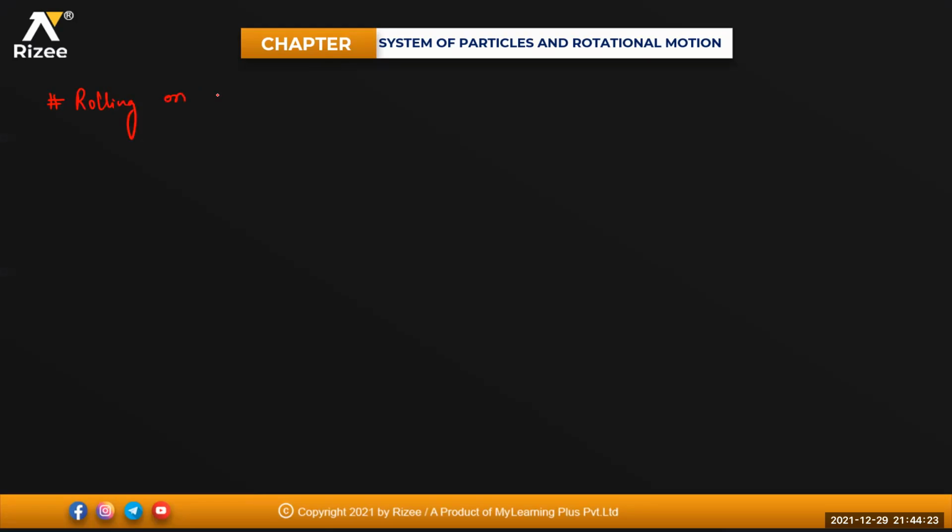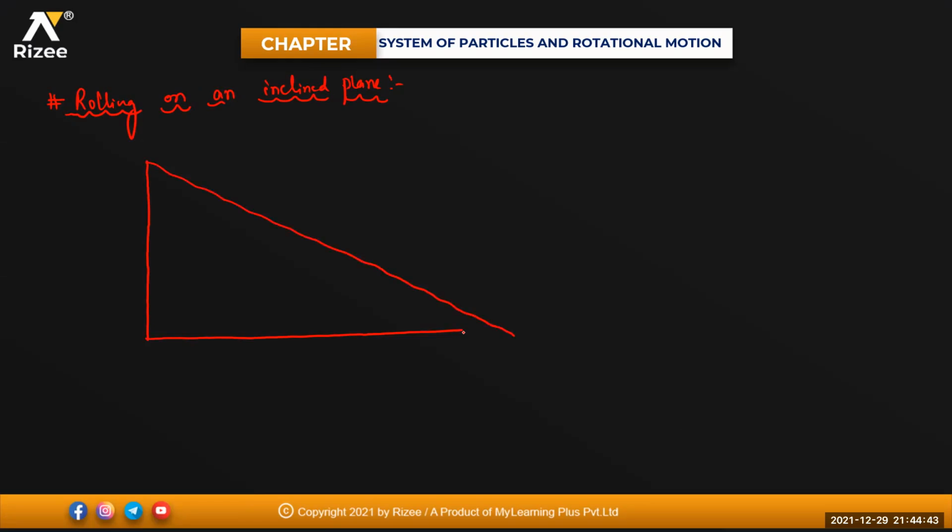Rolling on an inclined plane. Okay, this is a body, and from here it is rolling and coming onto the ground.